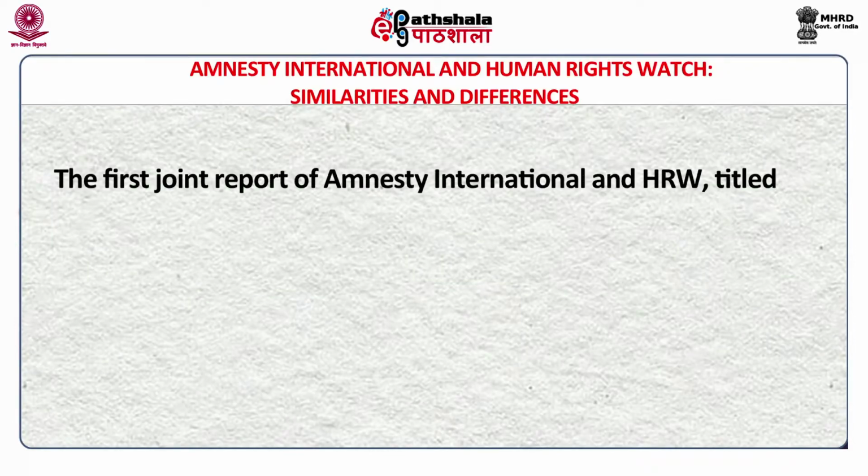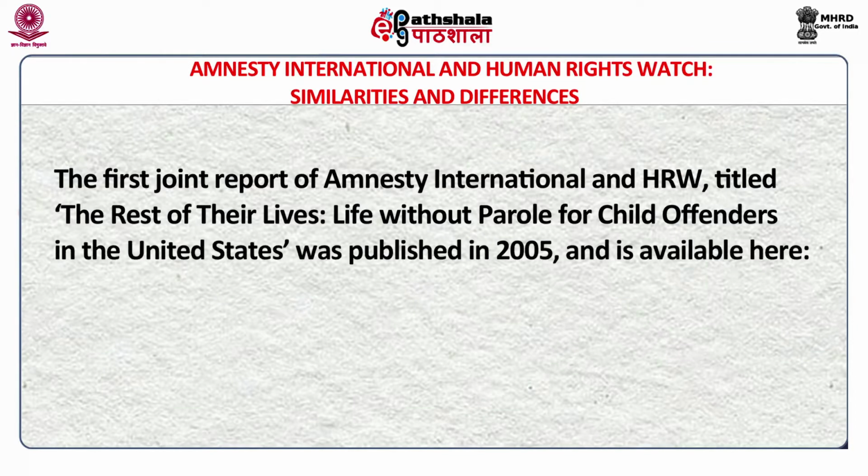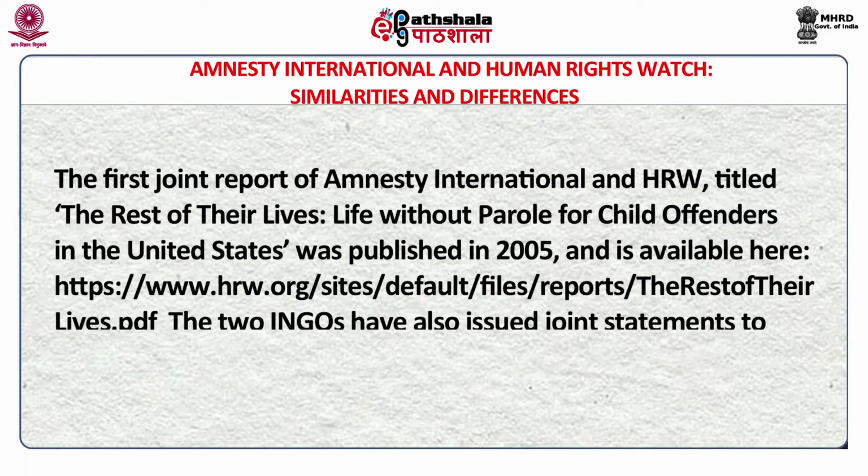The first joint report of Amnesty International and HRW, titled "The Rest of Their Lives: Life Without Parole for Child Offenders in the United States," was published in 2005. The two international NGOs have also issued joint statements to international bodies.